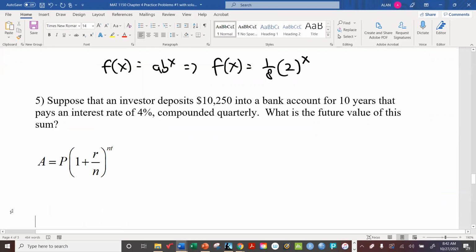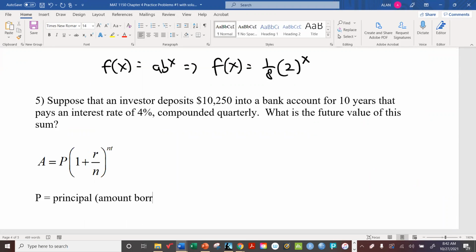Okay, so what variables do we have here? Well, first of all, P is the principal, the amount borrowed or lent. Well, A, all right, let's start with A, of course. A is the future value of a sum, which could be borrowed or lent. It doesn't really matter. R is the annual rate of interest.